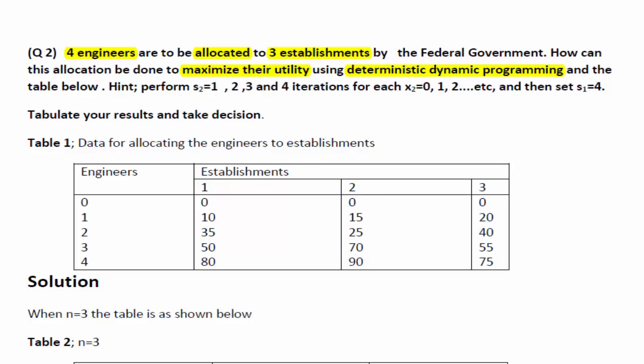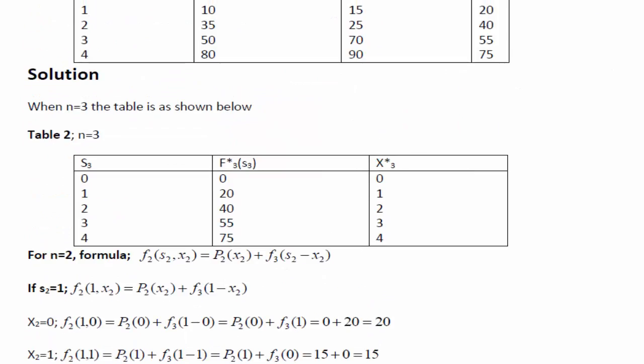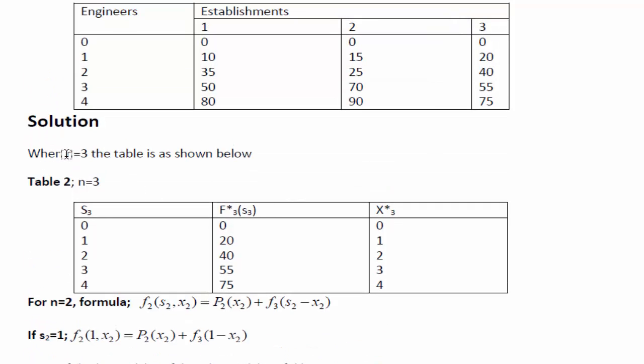So, solution. Remember the other time, we start when n is equal to 3, since it won't give us anything above 3. So you start with the third one. You just copy this table, this will be S, and write this as F3S3 maximum. Then, the same way we do it now, you trace where this value occurs.